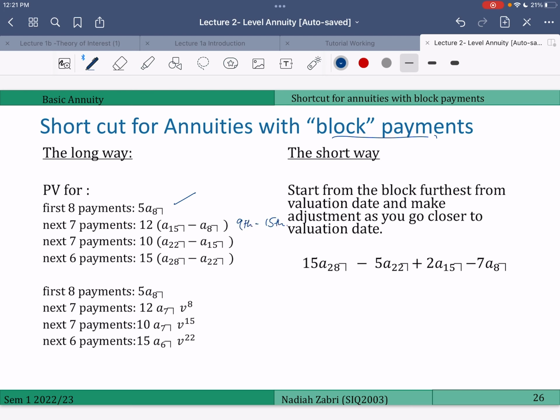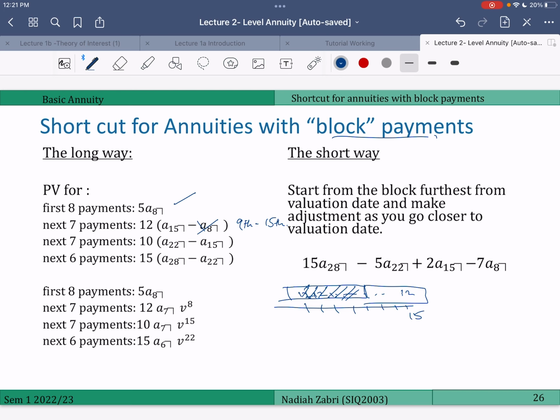So how it is done is you do A angle 15, so you have 15 payments of 12, and then you minus the first 8. When you minus the first 8, you're just left with 7 payments.